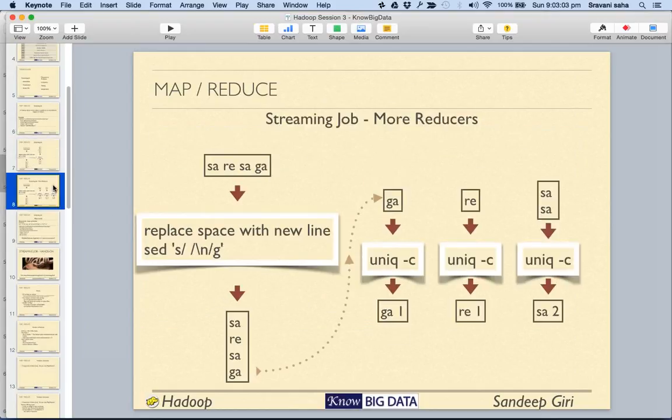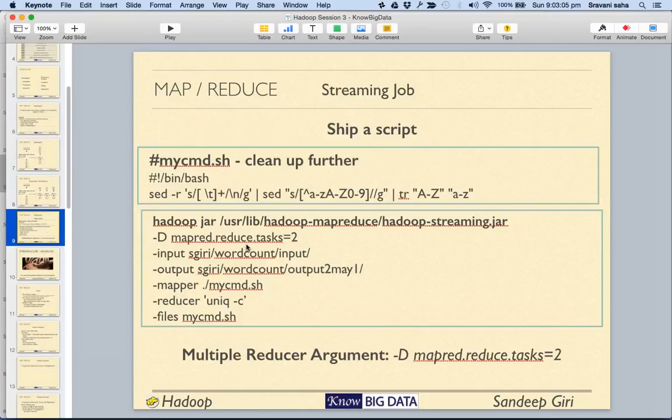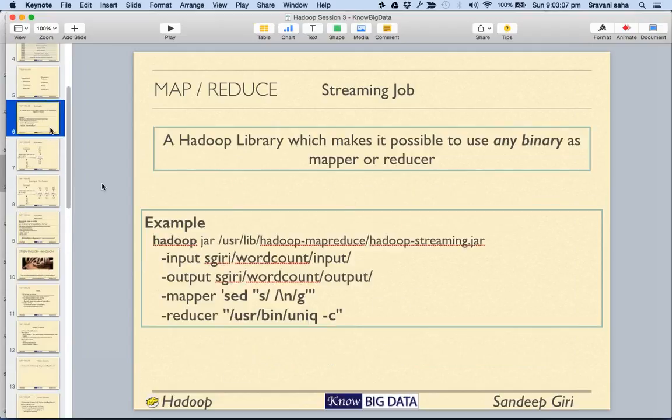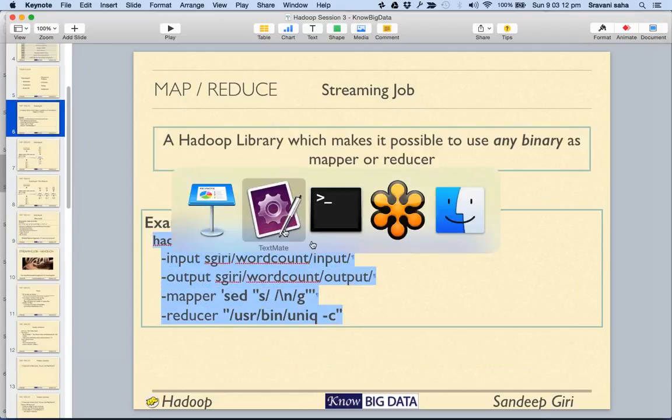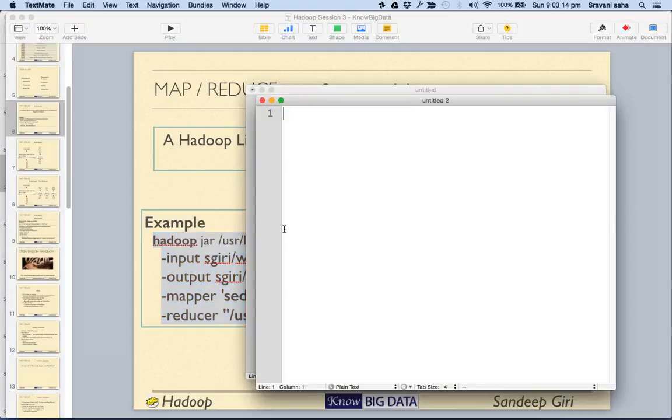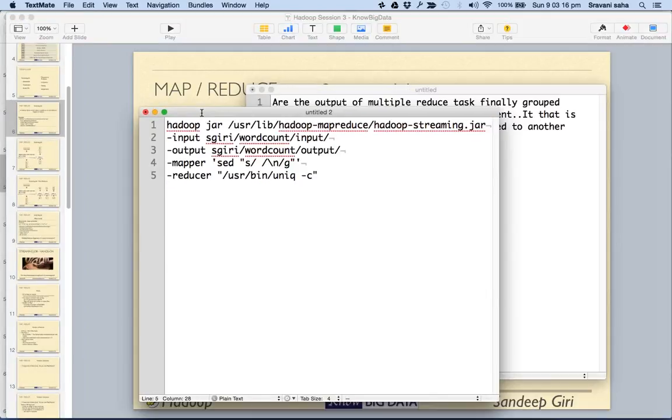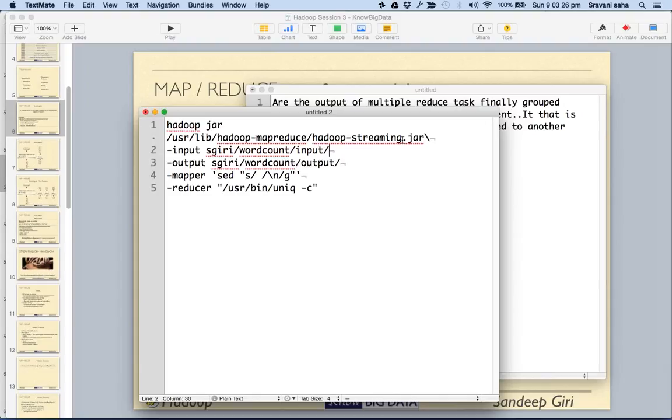Now moving on. Now let's try to run whatever we have coded. So here is our program. Let me again put it in my text editor to clean it up. In a Unix shell, if your program is spreading to multiple lines, you can write slashes at the end of each line, something like this.